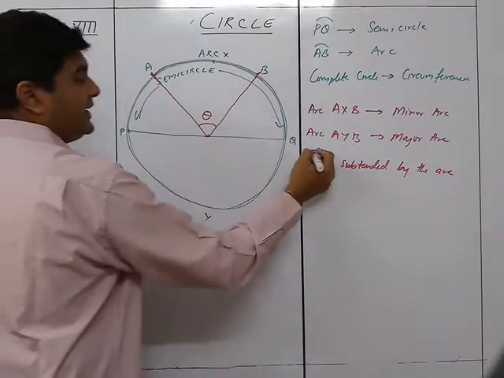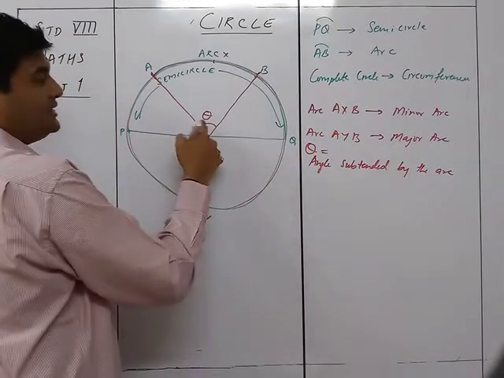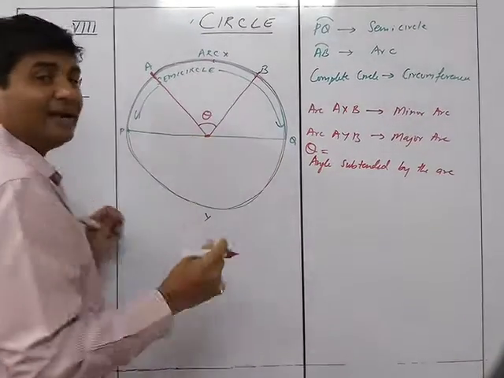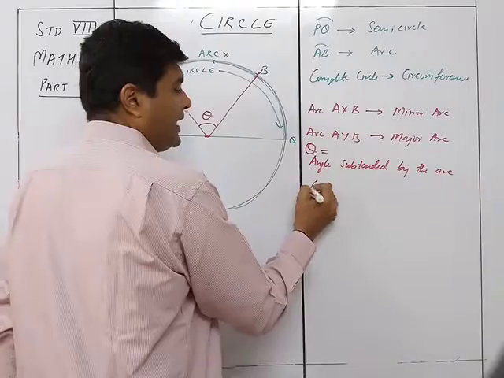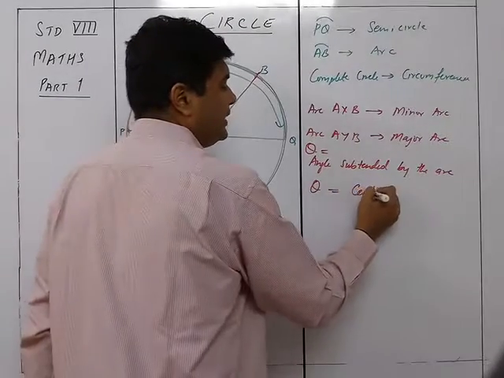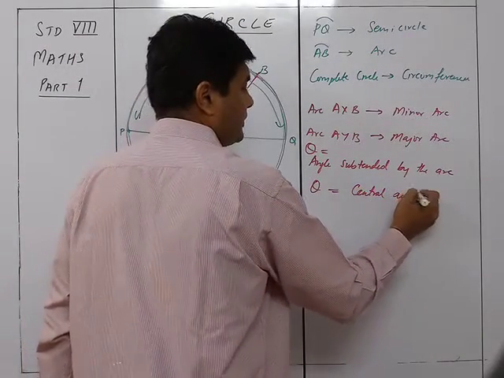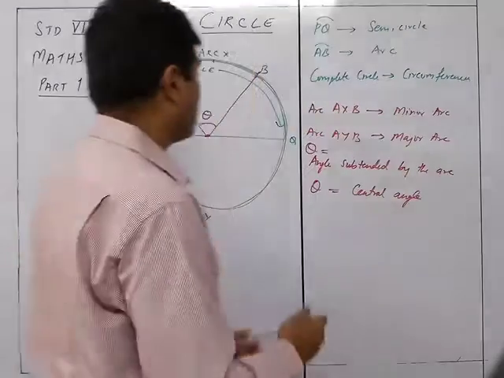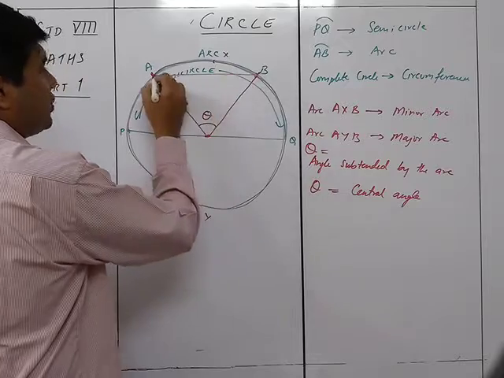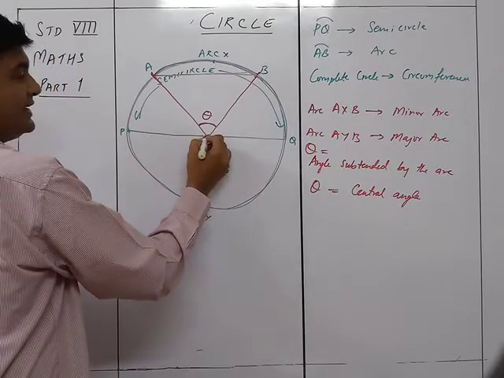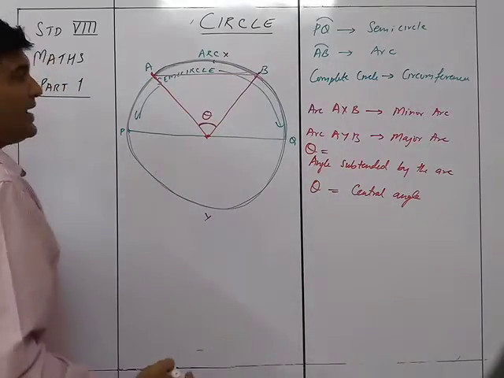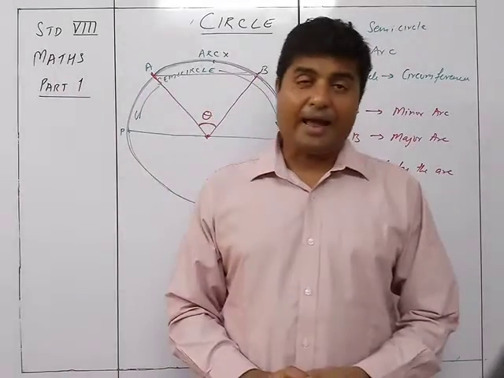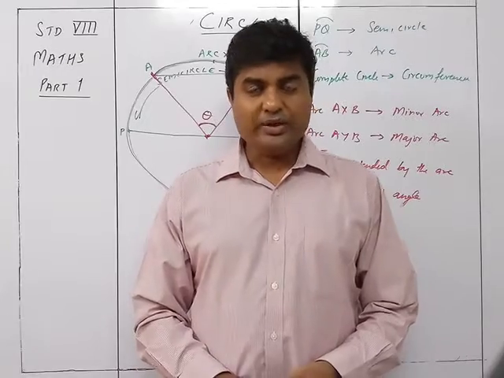So this theta is equal to the angle subtended by the arc. And if the arc is subtending the angle at the center, it is called the central angle. Even if the chord AB is subtending this angle at the center, then this particular angle formed over here is called the central angle.